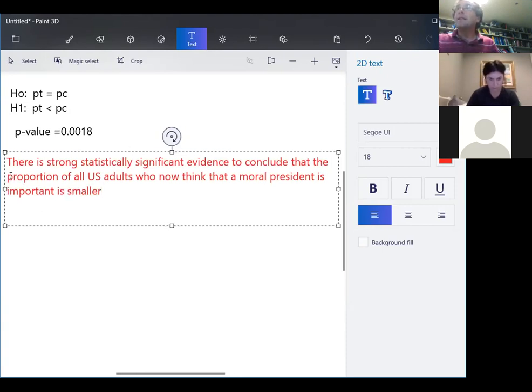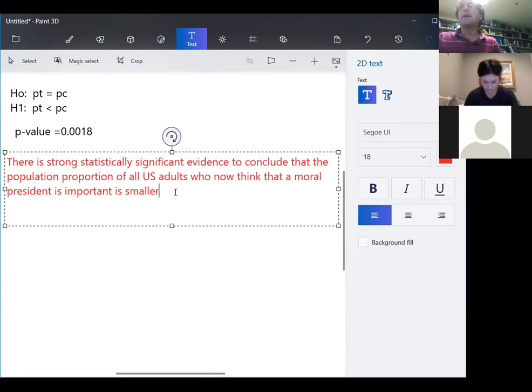And actually the population proportion, because you want to emphasize that we're talking about everybody, is smaller than the population proportion from the Clinton era.